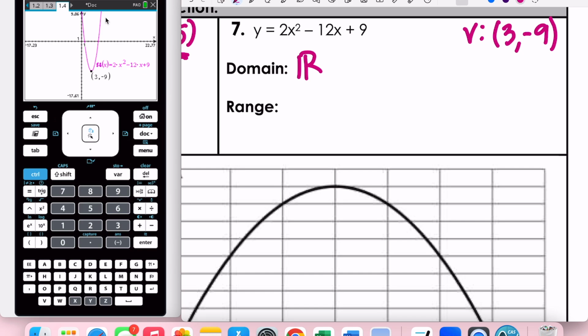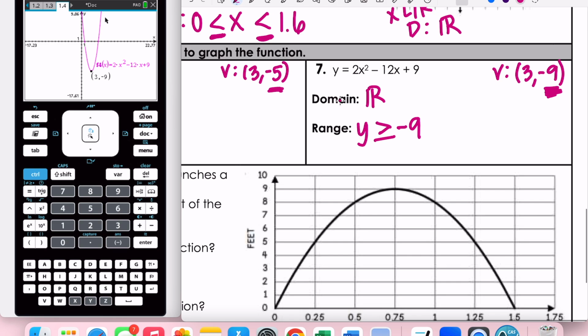So I have one boundary line. My range are, again, my y values, and my range is being set up at the y value of my vertex, so that's -9. My graph opens upwards, so again, that means that my inequality is greater than or equal to.